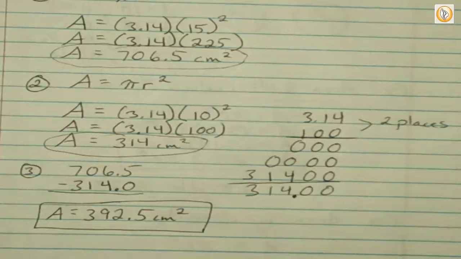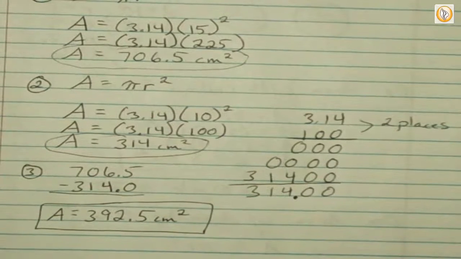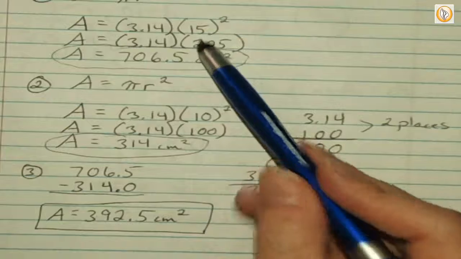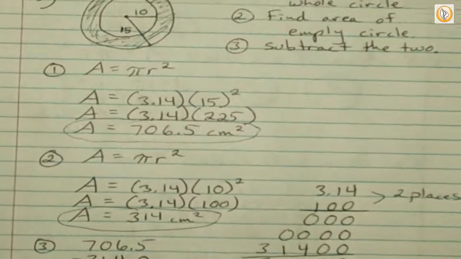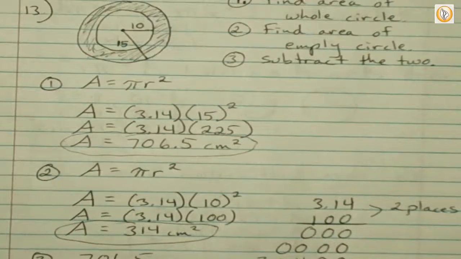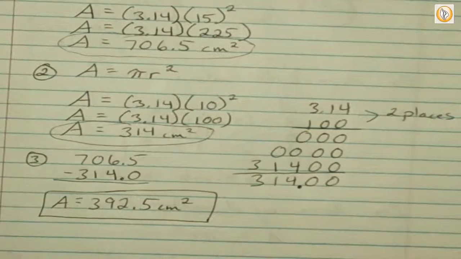I need you to find it. Did you get the radius correct? Okay, so I can't move on till you understand. Are you sure? Are you positive? Okay. Does everyone understand how to do this?